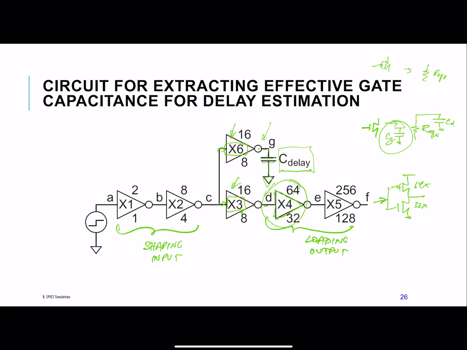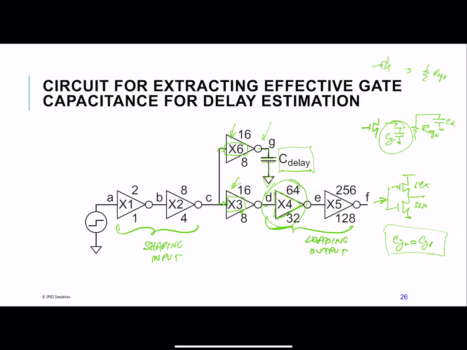And because C sub G N and C sub G P are the same, you can figure out the capacitance per unit width of this process, because you're equalizing this to this, and you can basically get the value of C sub G N, G P using this simulation.